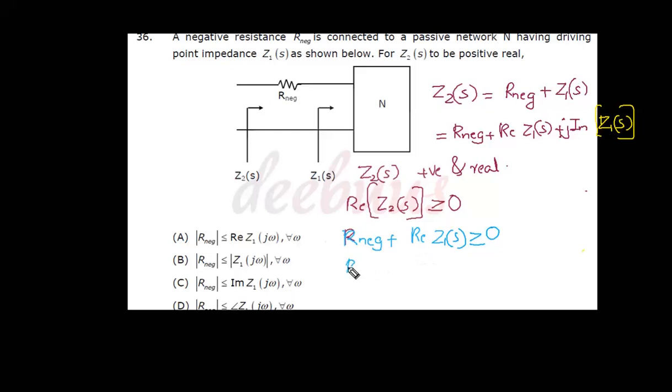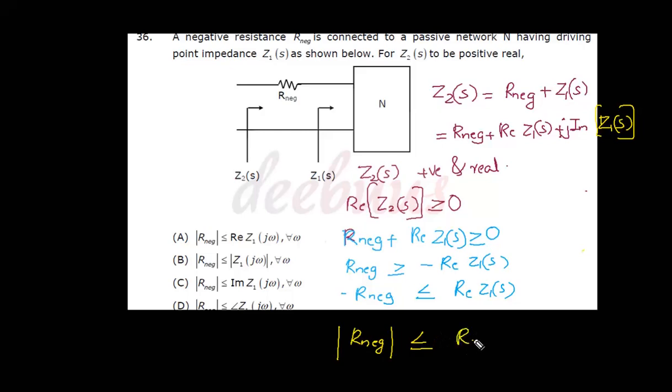From that, RNEG greater than or equal to minus the real part of Z1 of S. That is, minus RNEG less than or equal to the real part of Z1 of S. Or I can write it as mod RNEG less than or equal to the real part of Z1 of S, right? So that turns out to be the answer A. So option A is the correct one.